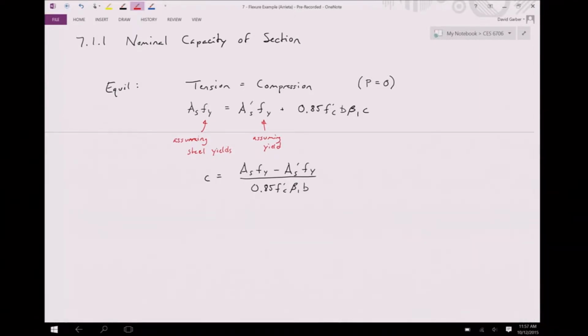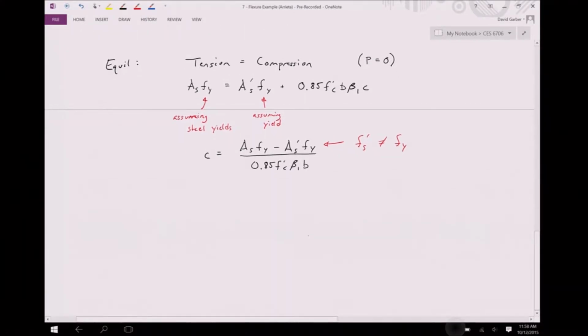You can see we don't need to go any further. You can see in the top that fs' can't equal fy. If it did, then our c would equal 0, and our compression block would be 0. We wouldn't have any concrete component.